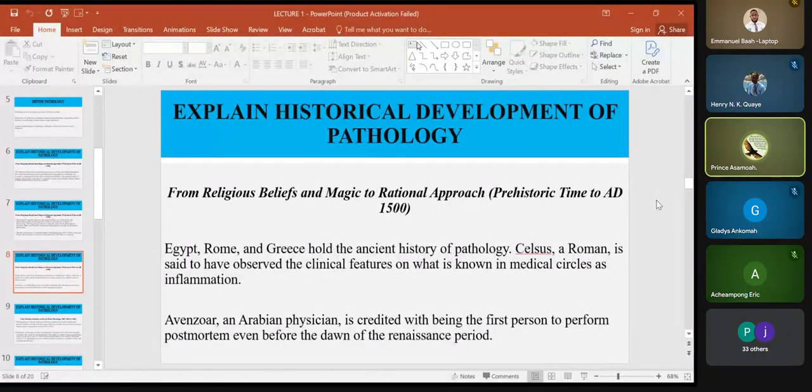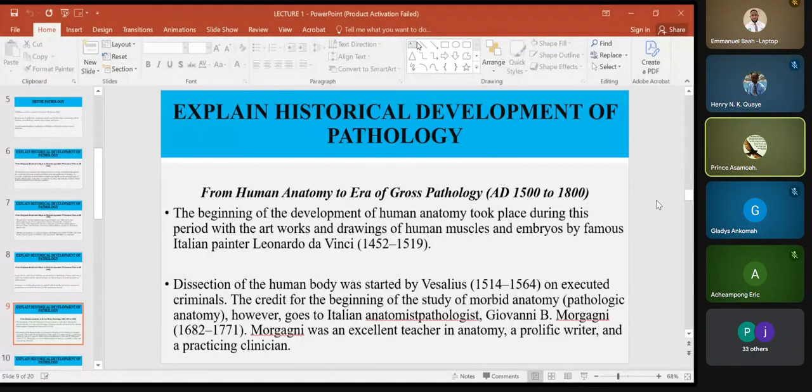Now after AD 1500, when we had entered properly into the Renaissance period, the development of human anatomy began, with the artworks and drawings of persons like Leonardo, that Italian painter.